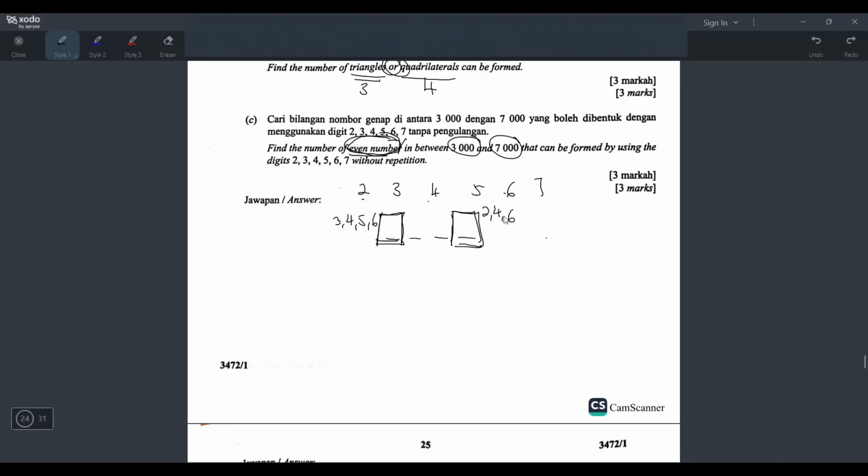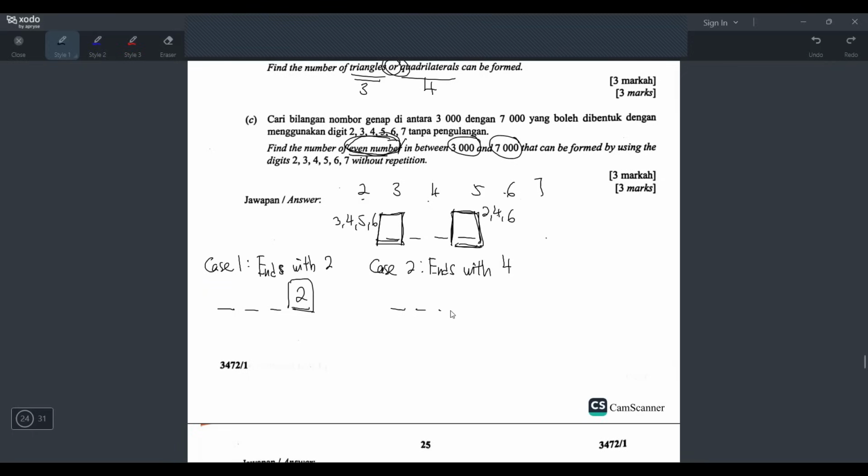So what I will do here is look at the last digit. It can either end with 2, end with 4, or end with 6, right? So case 1, I will do for ending with 2. Later for case 1, I will make sure it ends with 2. And then case 2, I will do ends with 4.